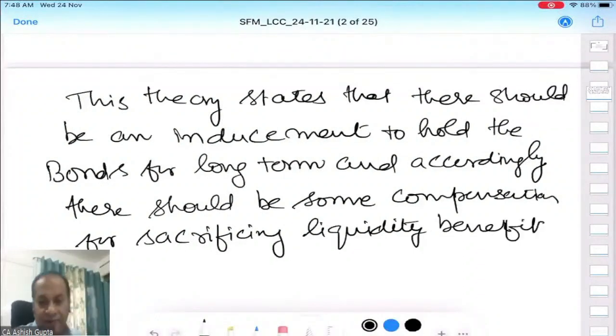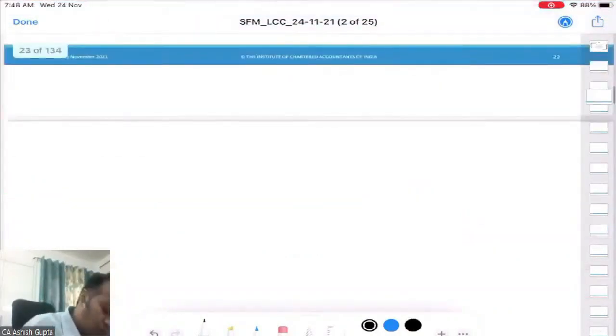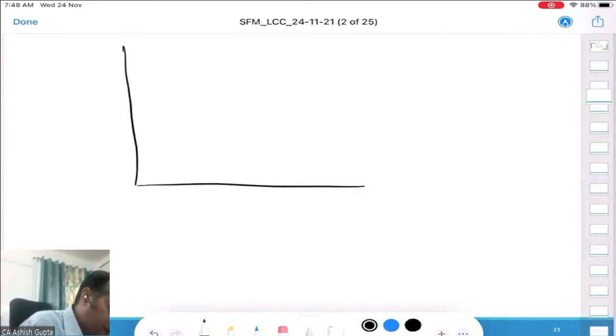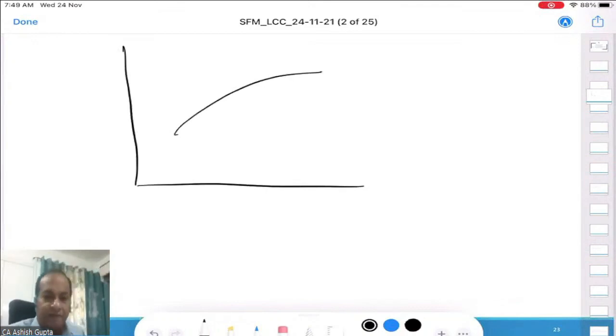So in that case, the long-term rate will always be higher than the short-term rate, and accordingly the shape of the curve will always be upward.